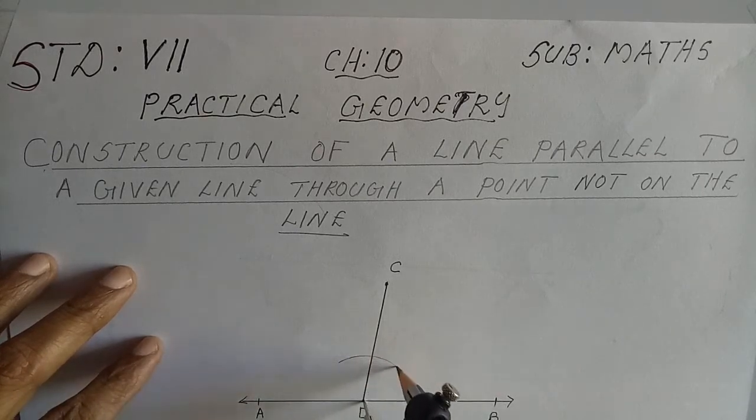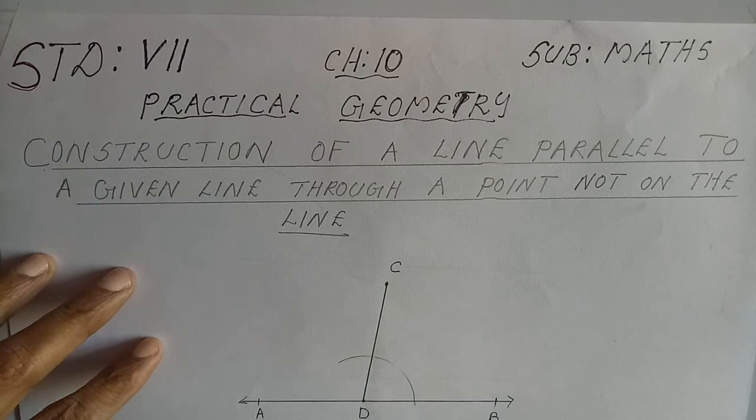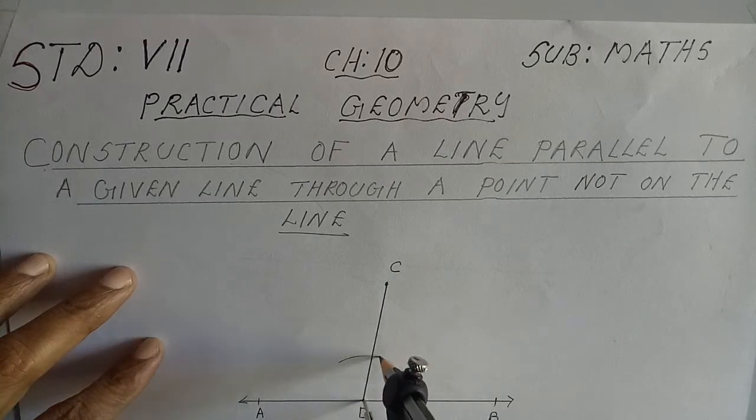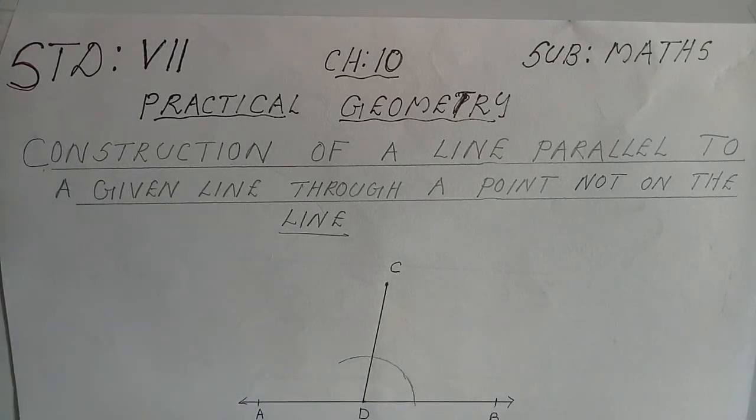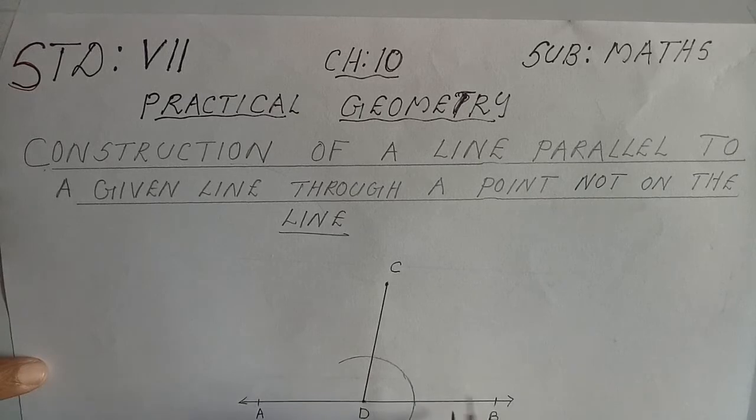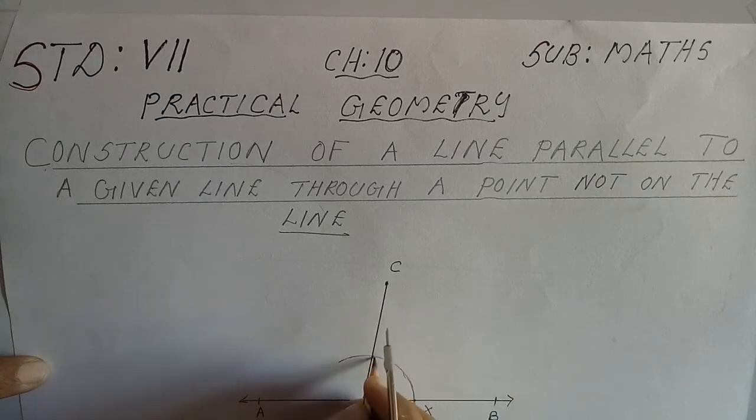See, draw one arc. So that this arc will cut this AB at a point. Let this point be X, and here let it be Y.